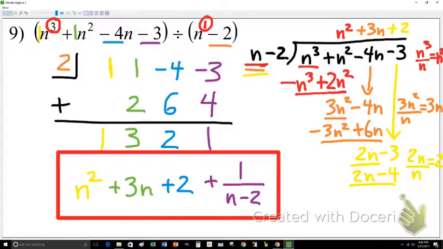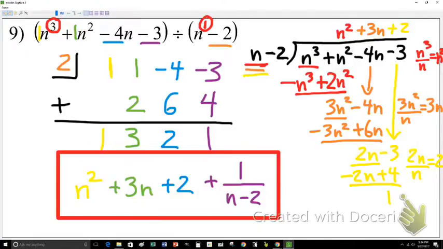I then go ahead and, of course, subtract. Once again, it's easier just to distribute the negative and add. So if I distribute the negative in the parentheses, I have minus and then plus. So 2n, I'm going to add now, instead of subtract, 2n plus a negative 2n would be 0. Negative 3 plus 4 would be 1. So I have a remainder of 1.